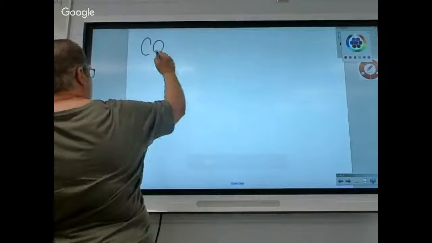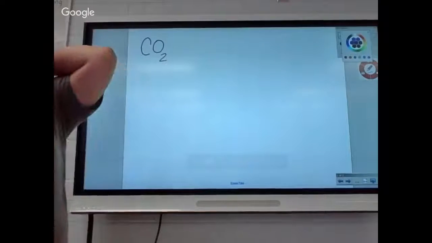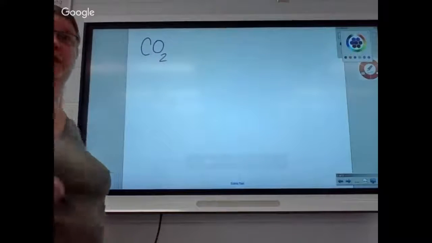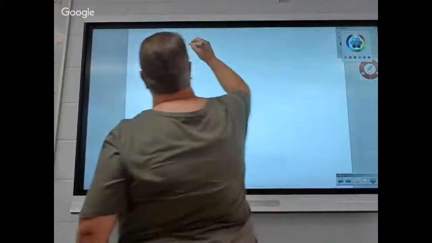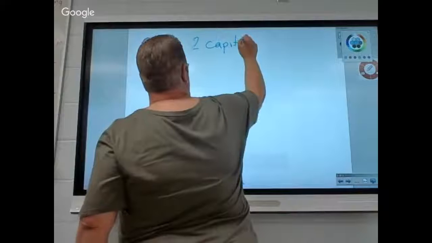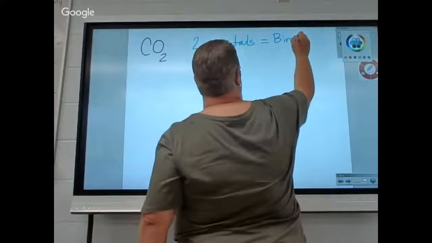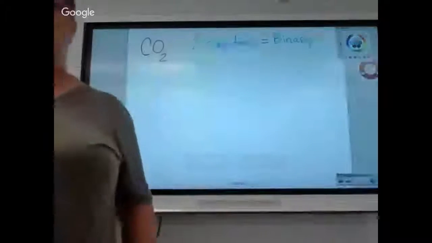First of all, CO2. How do you know it's covalent? Two capital letters. Two capital letters makes it binary. So let's talk about the difference here. What makes it covalent?